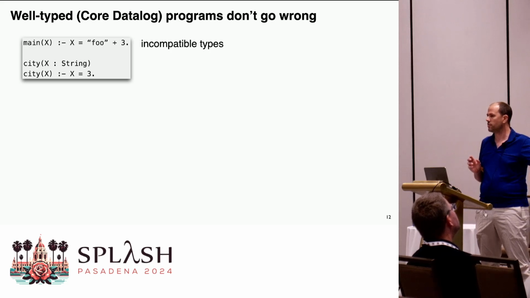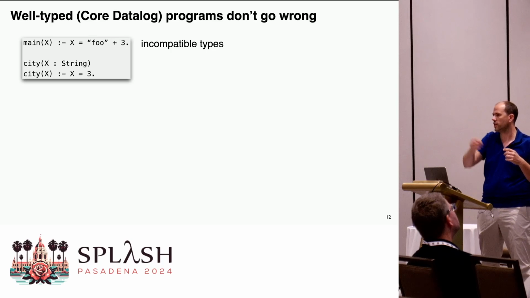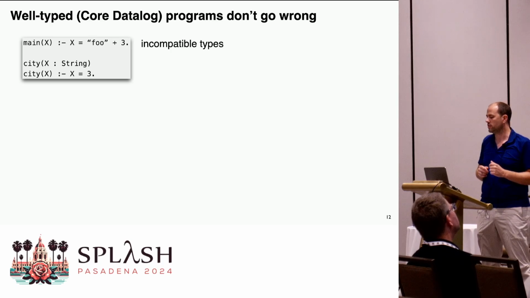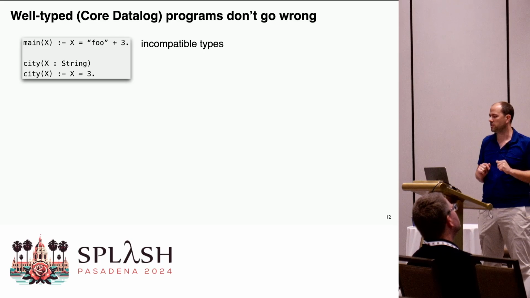So for example, if I'm trying to add a string and a number, that shouldn't be allowed because they don't have compatible types. Or if I'm declaring that the column X of relation city has type string, but then I'm assigning the number 3 to it, to a logic variable that will feed into that column, that shouldn't be allowed. So we can have incompatible types. There's nothing particularly interesting about this aspect of the type system.